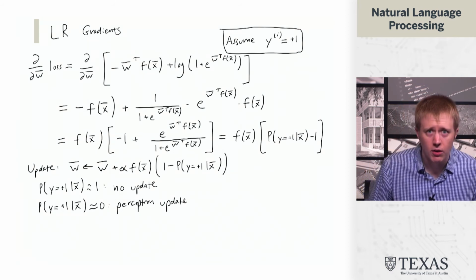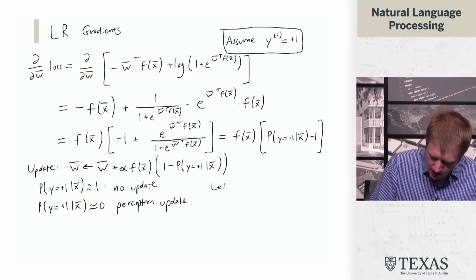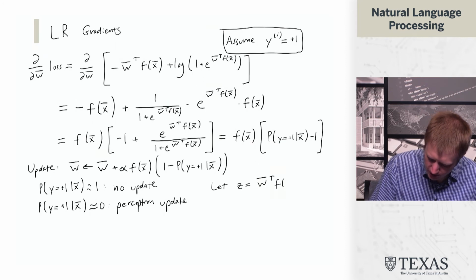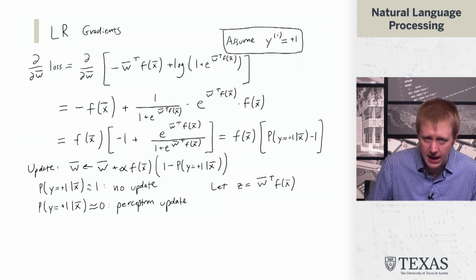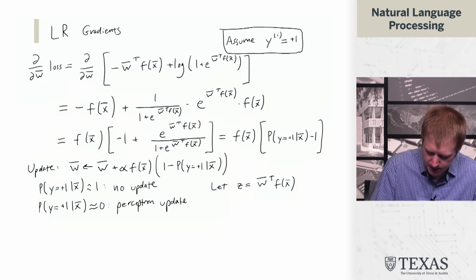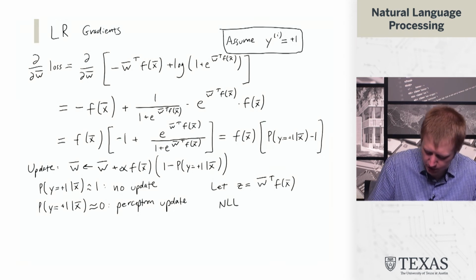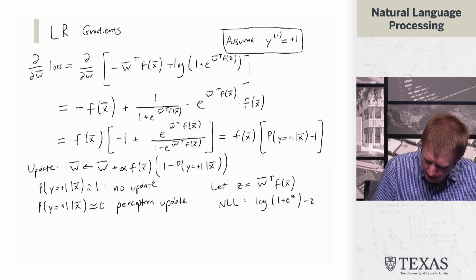All right, so in order to understand this, we're going to let z equal w transpose f of x. And now we can rewrite the NLL, negative log likelihood, for this model as the following: log of 1 plus e to the z minus z.